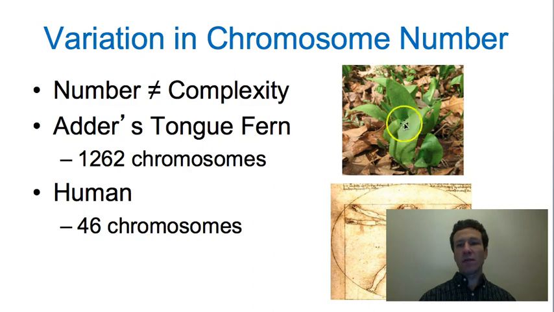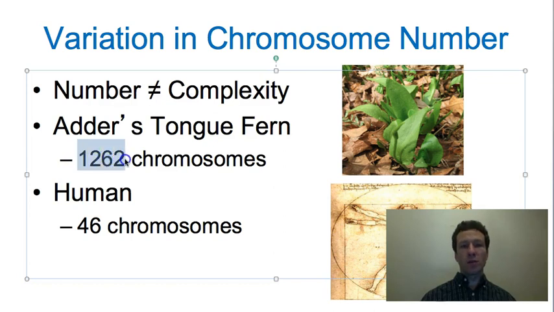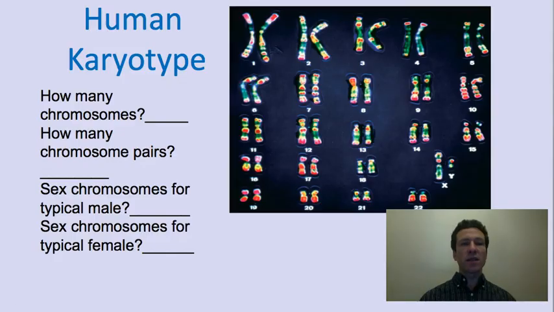For example, this fairly simple, fairly ancient fern has 1,262 chromosomes. I'm a little bit dubious that anyone has counted them successfully, but that's a good estimate of its number. So the number of chromosomes does not tell you how complex the organism is, but either way, there are usually multiple of them. Here we are, humans, we have 23 pairs, which is the same thing as 46 chromosomes.